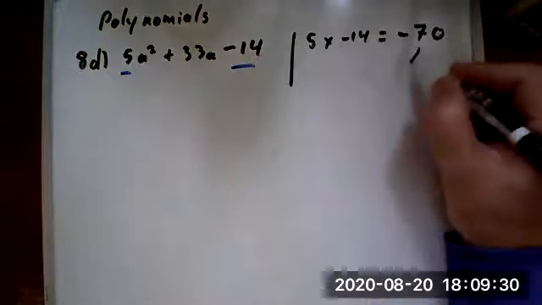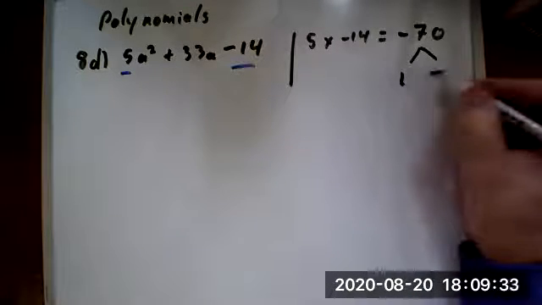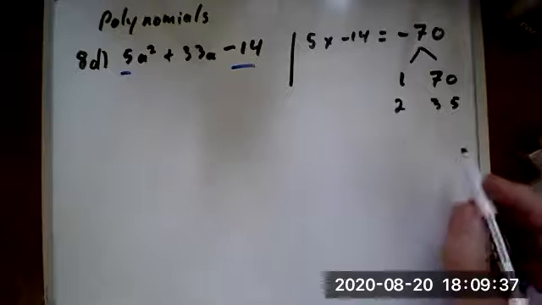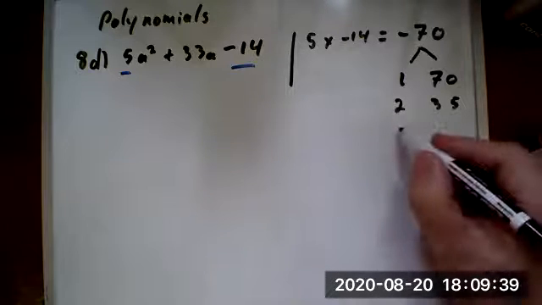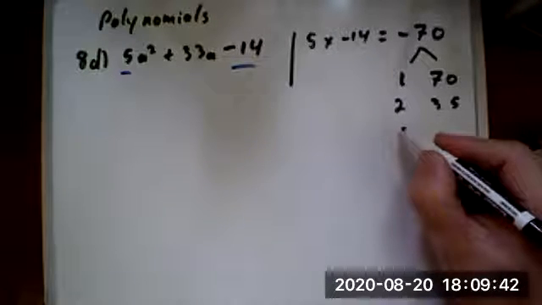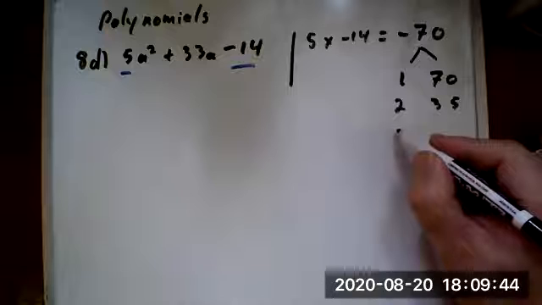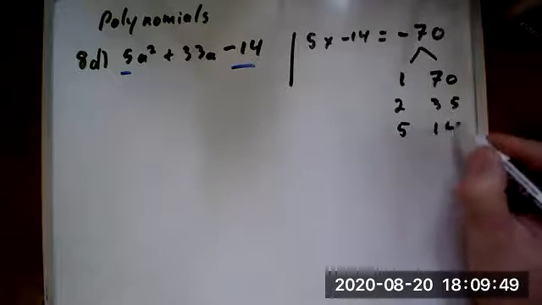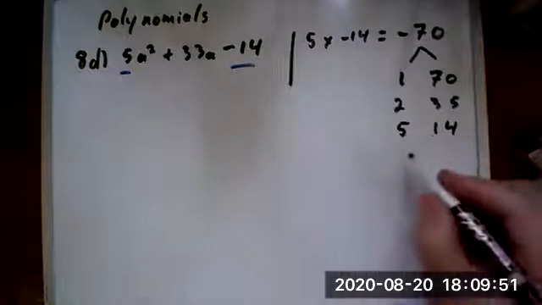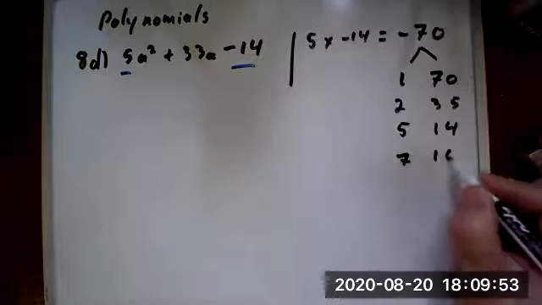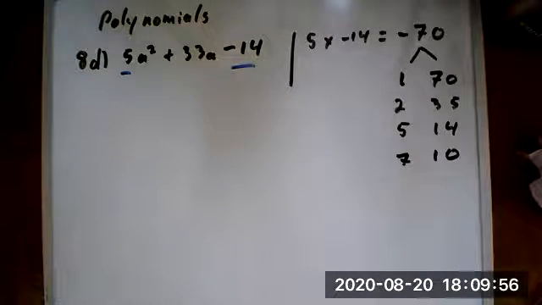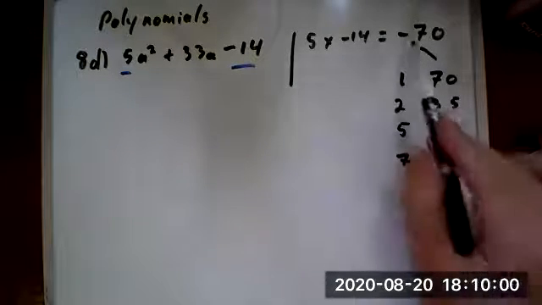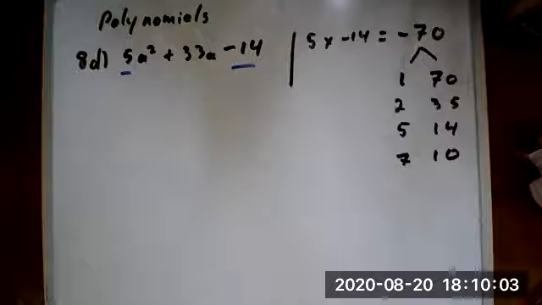Now we want all of our possibilities for -70, so 1 and 70, of course, 2 and 35, 5 and 14, which is what we just did up there, 7 and 10. One of these needs to be positive and one of these needs to be negative because we've ended up with a negative.